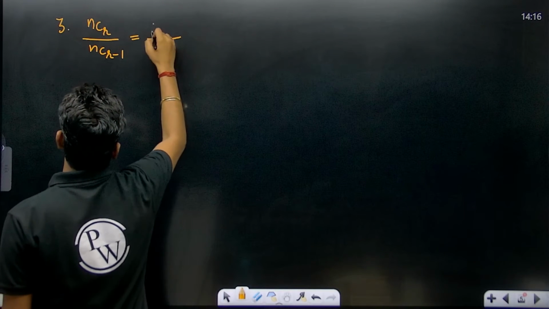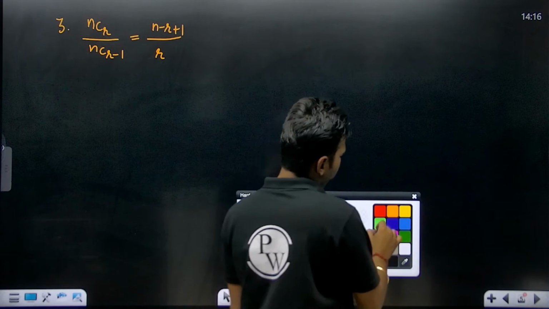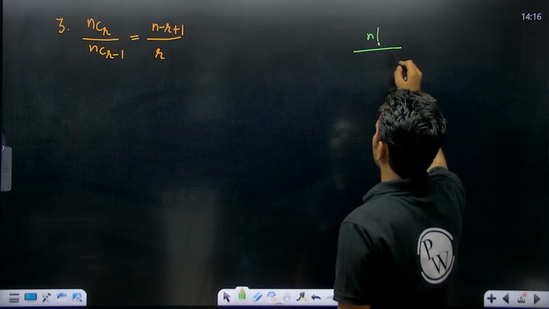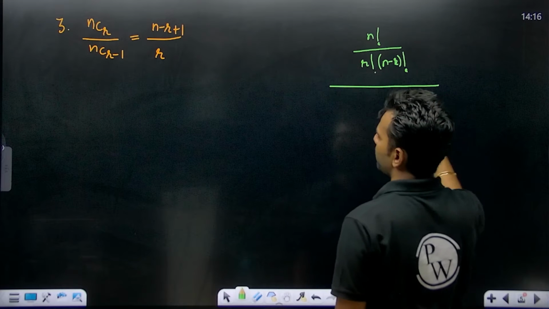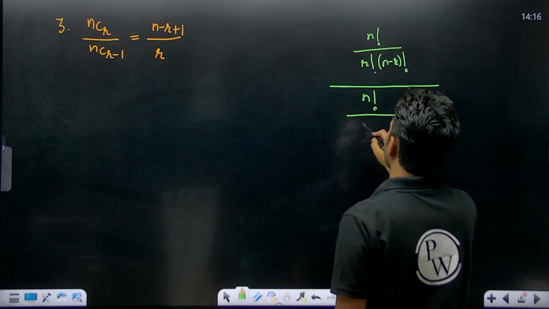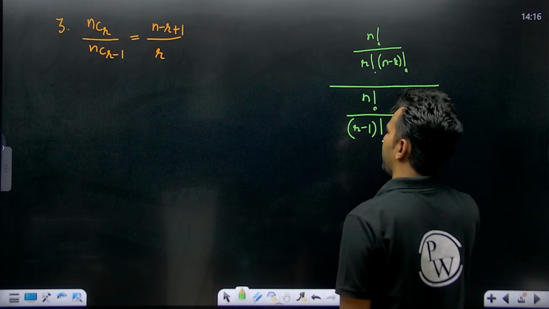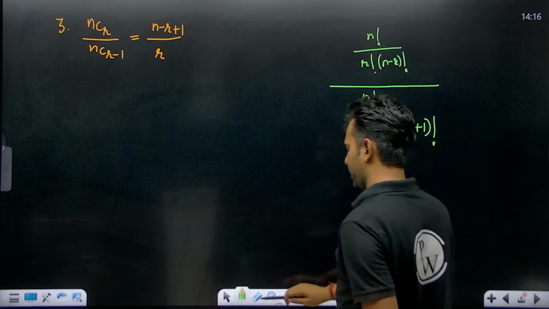So the formula is going to be something like this. Now this is one result which you can prove quite easily, because nCr can be written as n factorial upon r factorial n minus r factorial. This is our numerator, and the denominator will be n factorial divided by r minus 1 factorial, and then n minus r plus 1 factorial, and you will cancel out the terms, and eventually you will reach this formula.